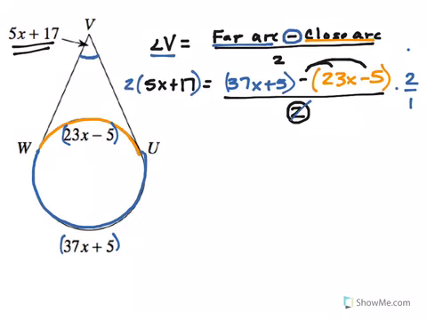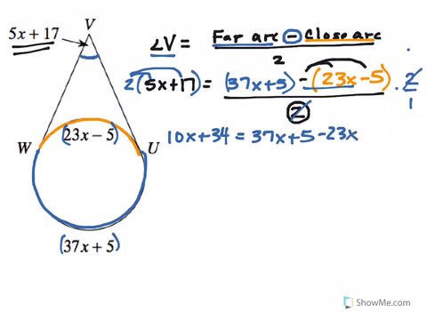So these are going to cancel, and I'm going to be left here with 2 times 5x plus 17, which if we go ahead and distribute is going to give us 10x plus 34 is now equal to 37x plus 5. And then we see up here this becomes negative 23x. And then when we distribute the negative to the negative 5, that becomes a positive 5.